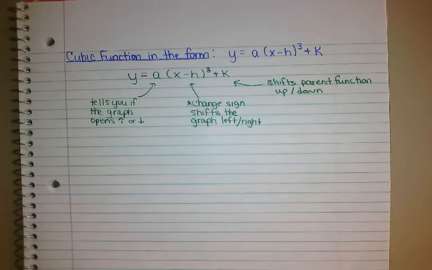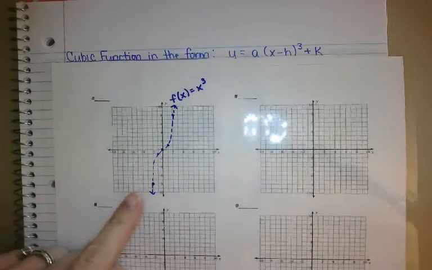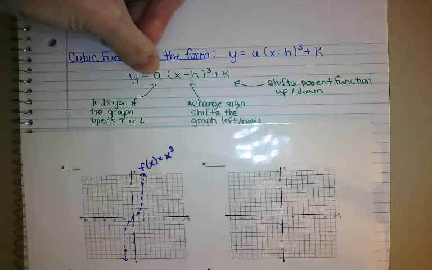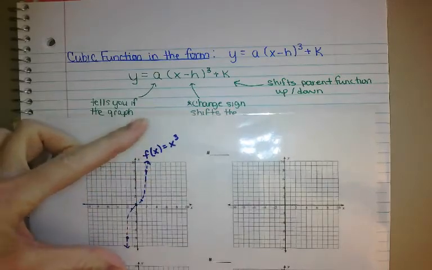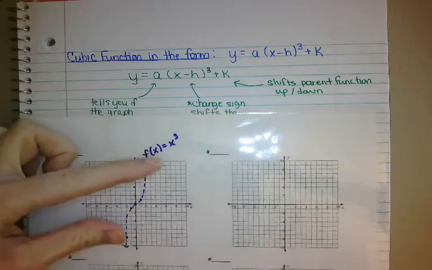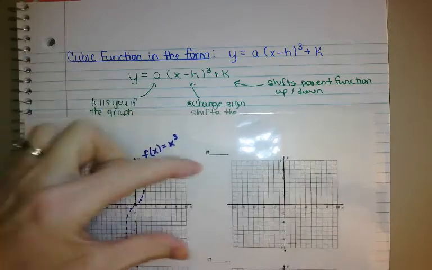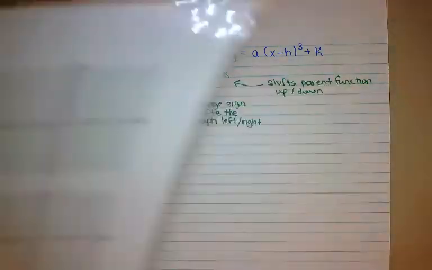All right, so here's the original parent function with all of these parameters, okay, which just means numbers. I can, for example, stretch this, I can make it narrower, I can compress it, which means I'm kind of like flattening it out. I can shift this left or right, or I could shift it up or down, or I could do a combination of all of those.